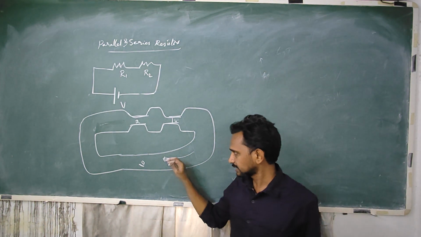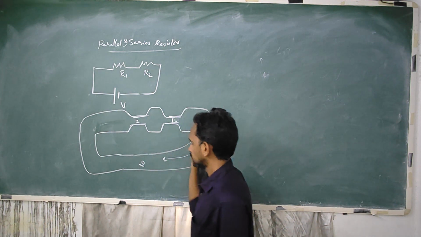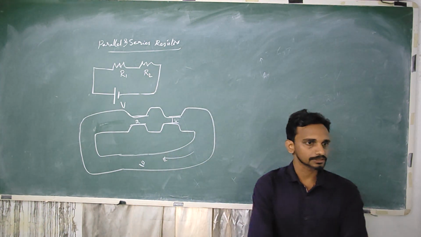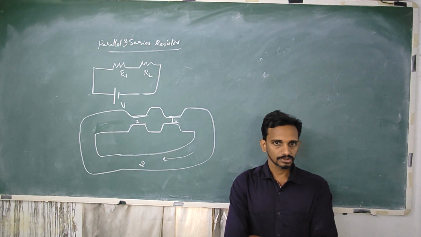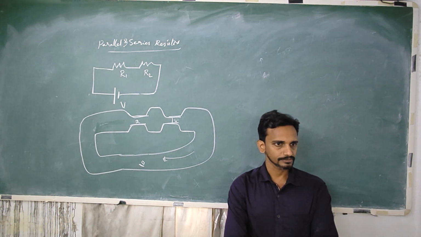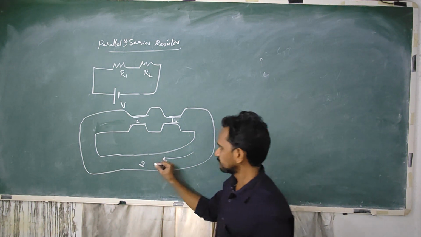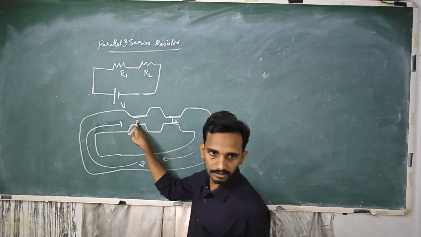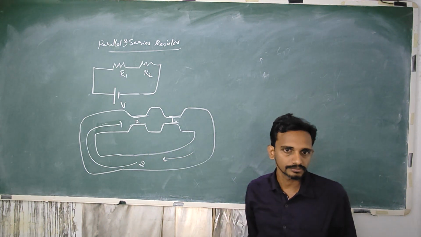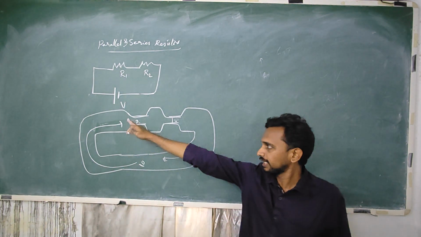And let's say this entire track is filled with vehicles. So how many vehicles can travel at a time? Even if all the 10 quickly travel and reach here, only 2 are allowed. So the remaining 8 will stop there.